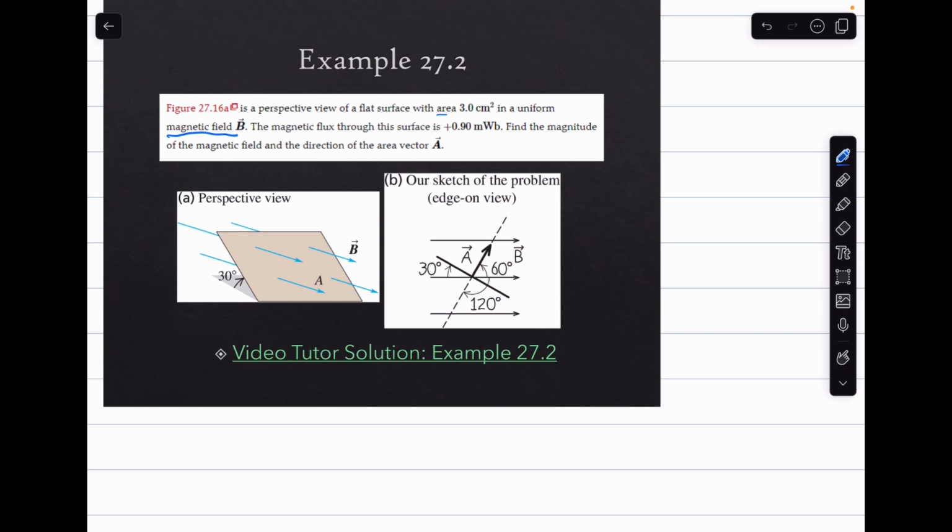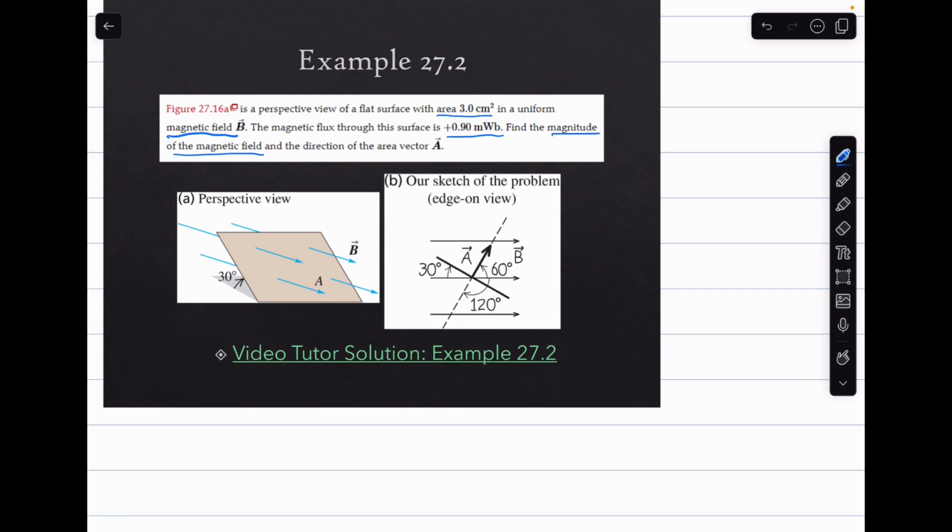We have an area, and we're given the dimensions of the area. And we're told that the flux is 0.9 milliwebers. We want to find the magnitude of the magnetic field and the direction of the area vector A.